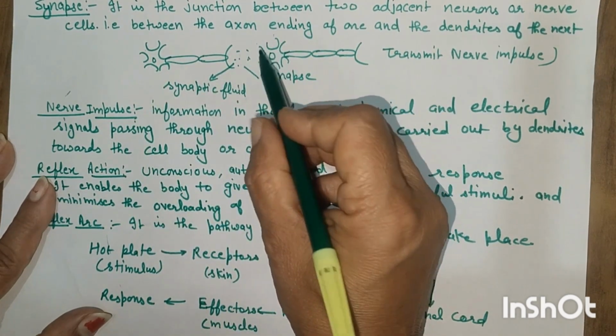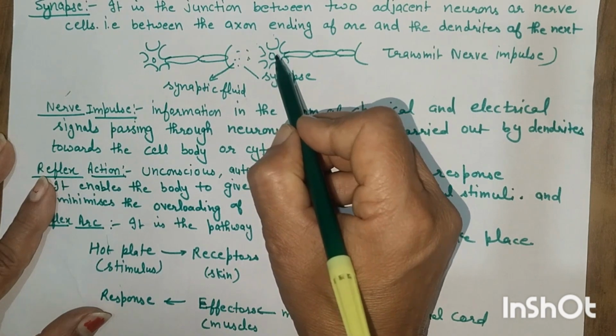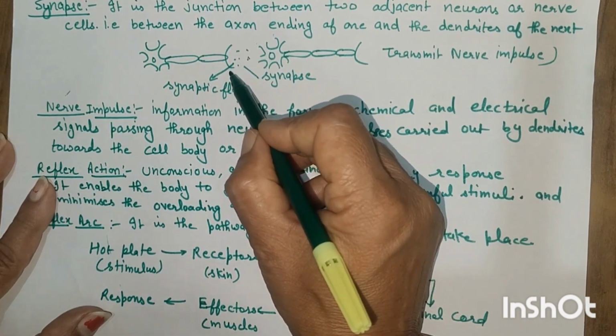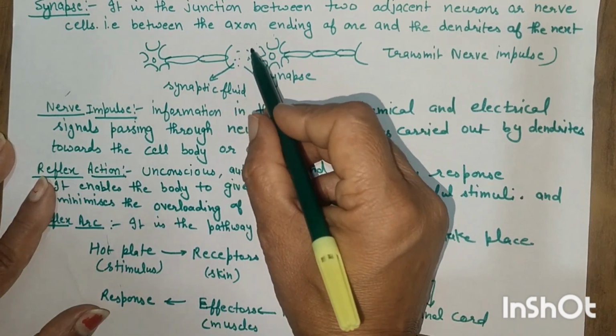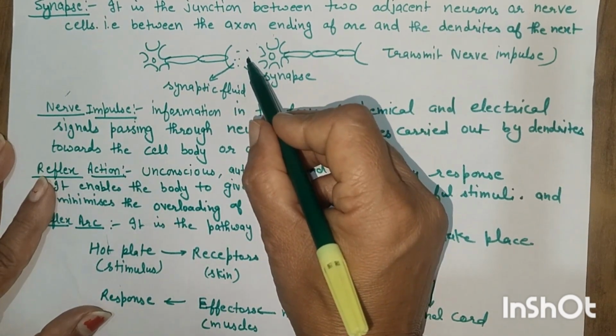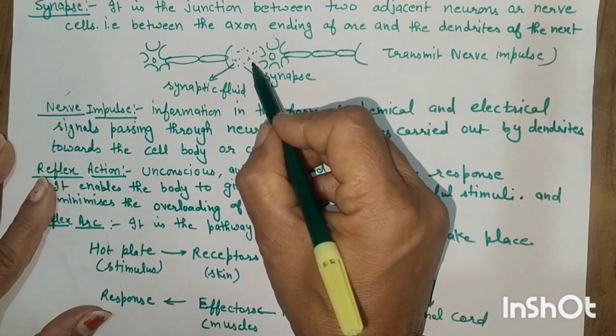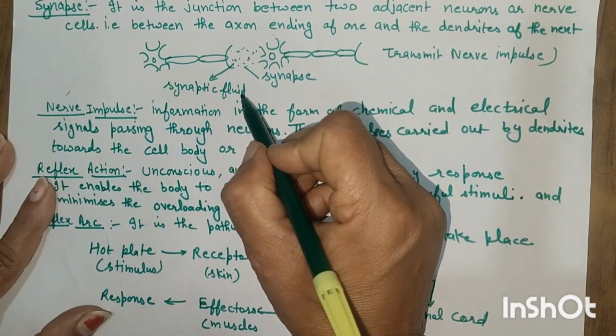This is where the dendrite of one nerve cell and the ending of another nerve cell meet. That place is called the synaptic space. Fluid is present in this space, called synaptic fluid.